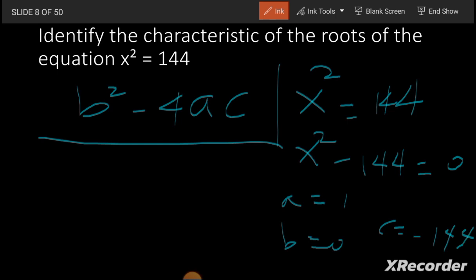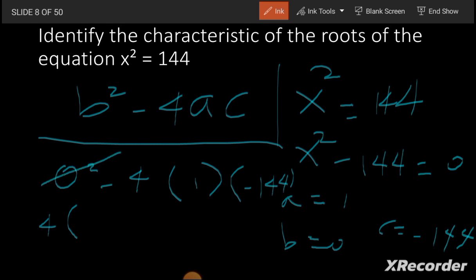By substitution, b is 0, so 0 squared minus 4, a is 1, and c is negative 144. We can simplify it as 4 times 1 times 144, because 0 squared is still 0.